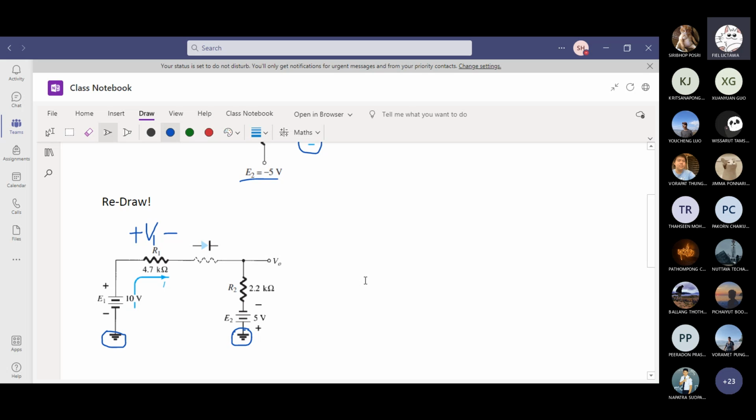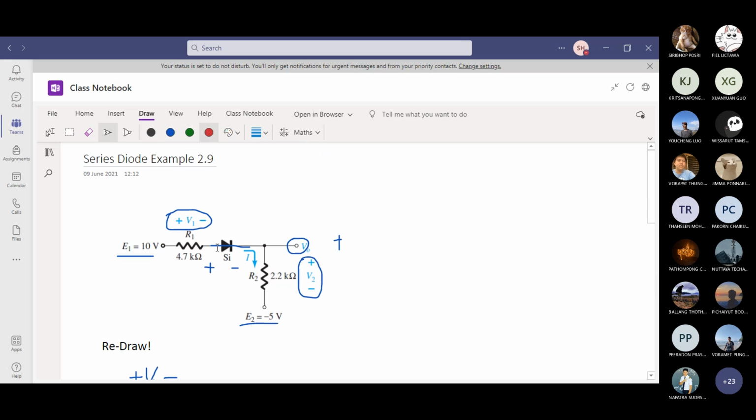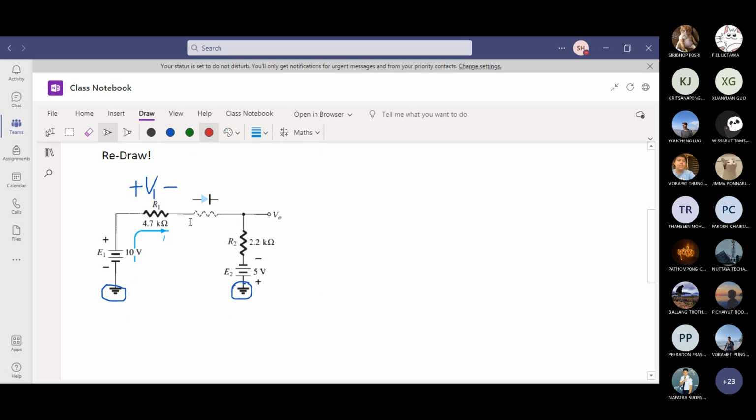The diode is on. I think it's the correct answer. See what is going on here. The diode is connected like this, anode and cathode. So here is plus, here is minus. You're going to get 10 volt, and there is going to be some voltage drop here.